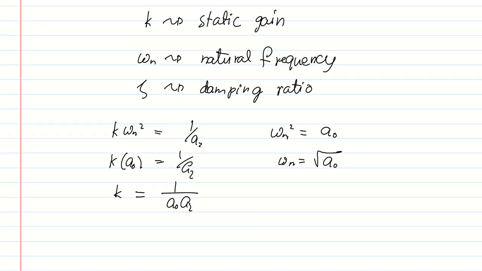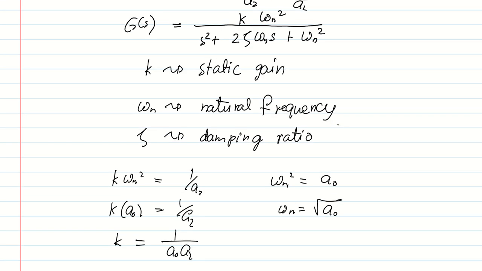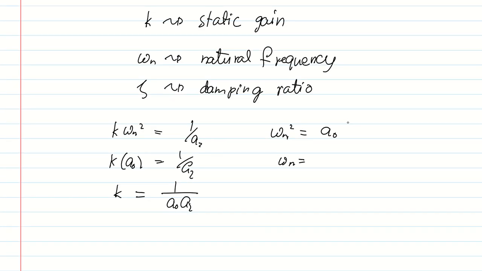There's a correction. I did multiply 1 over a2 here, but I did not multiply it with a0. I forgot to multiply it here. This should be a0 over a2. That's why the answer here, the square root of a0, should be the square root of a0 over a2.